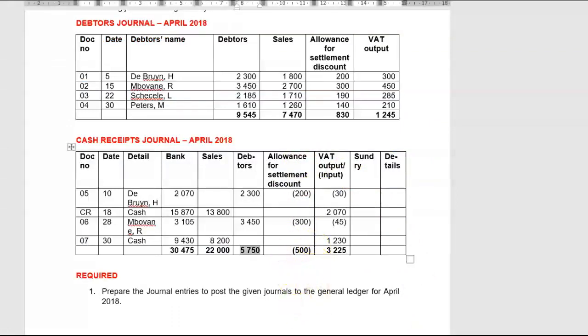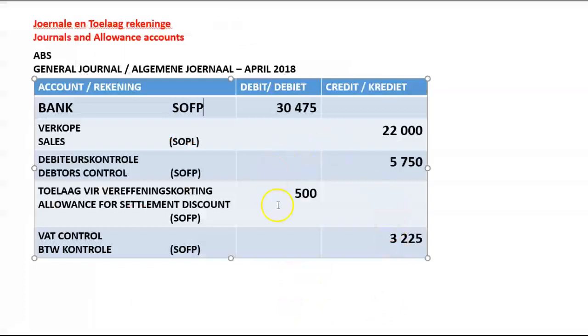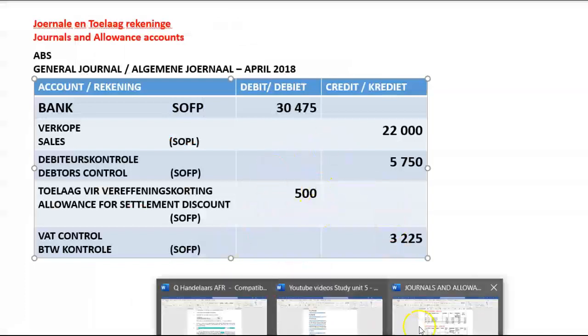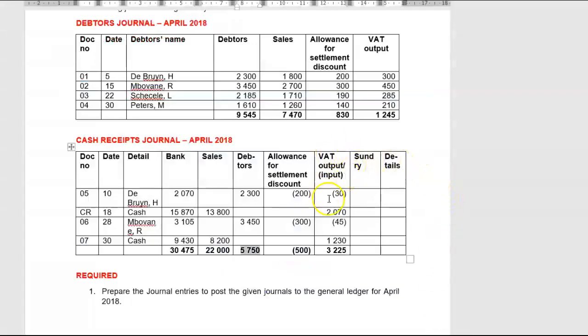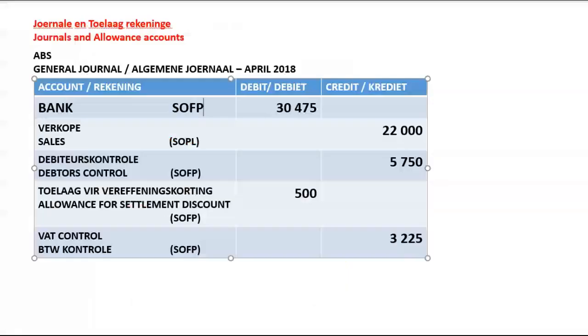You see the brackets there with 500 Rand. And then the last entry is our net VAT. That's going to remain there if I add everything up, and those two are debits against the credit. So 3225 would have been credited in total to the VAT output account, 3225, and then you will see that the debits and credits actually balance with each other.